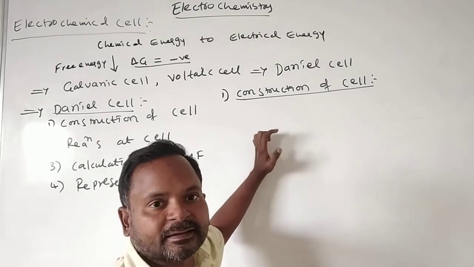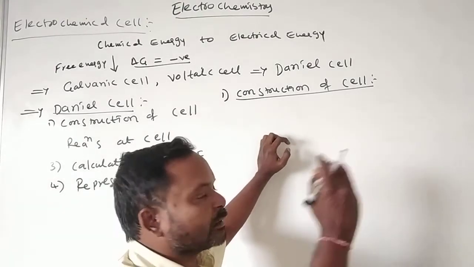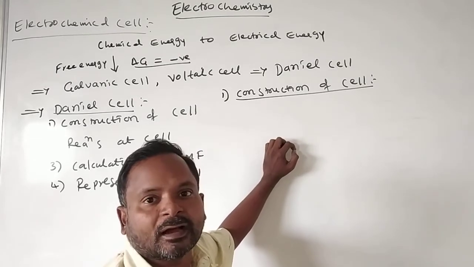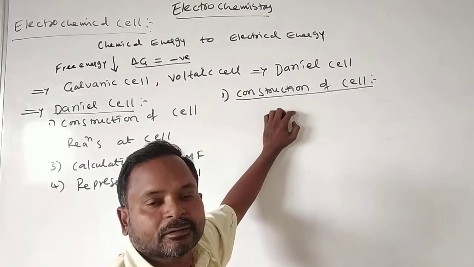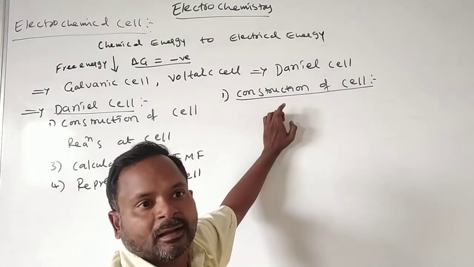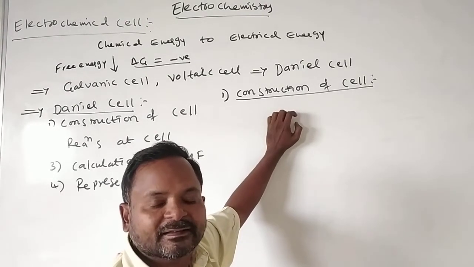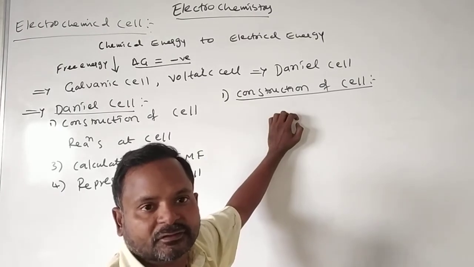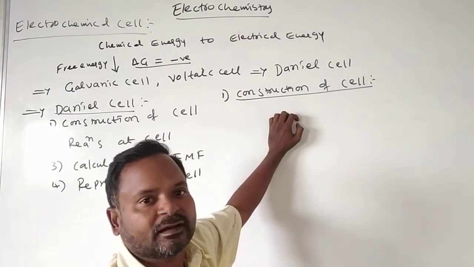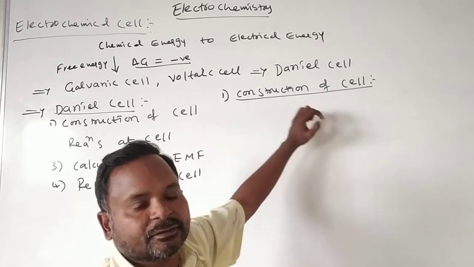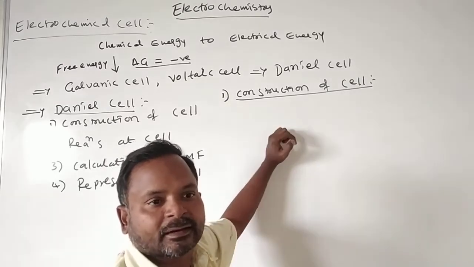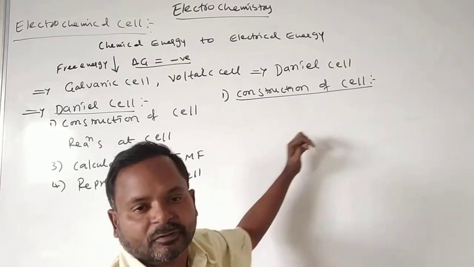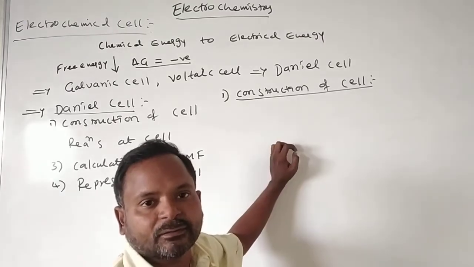Anode is always present at the left side, cathode always at the right side. This is the principle according to the IUPAC. By alphabetical order also, anode starts with A and cathode starts with C. First you write A, then you write C. First positive and then negative, like that.